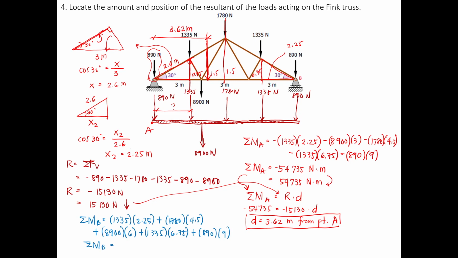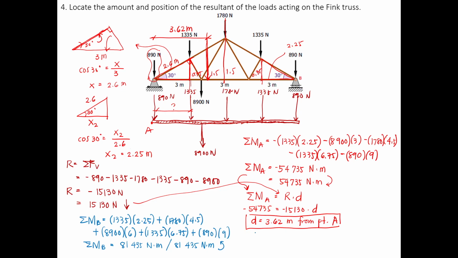So moment about point B is 81,435 Newton meter, and then counterclockwise rotation.